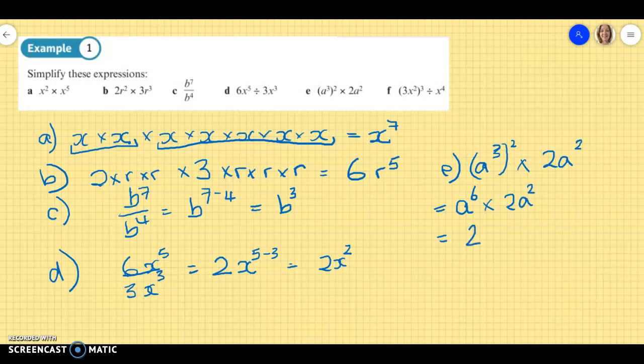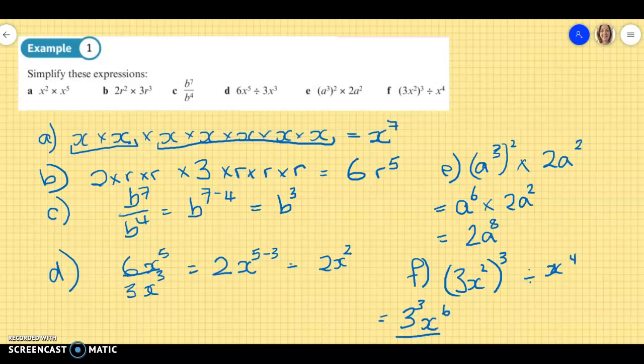No other number, there's just a 1 in front of here, and it's a to the 8, because we're adding those. And f, 3x squared all cubed divided by x to the 4. Do your 3x squared. Remember from that final rule, so you're going to have 3 cubed and x squared cubed. So that's going to be x to the 6.